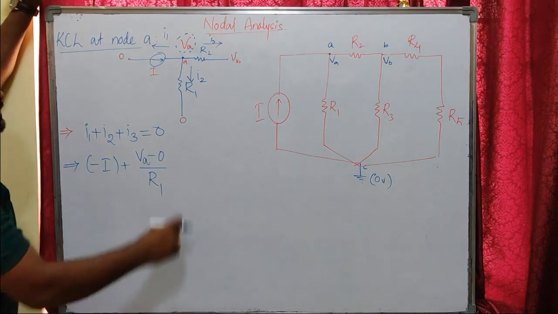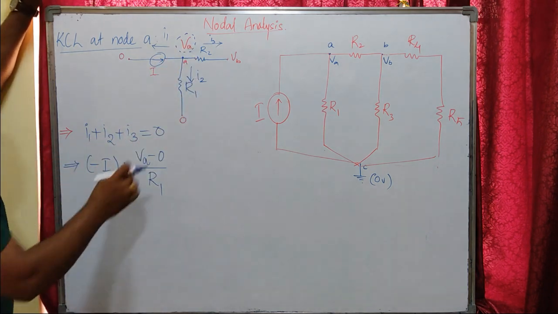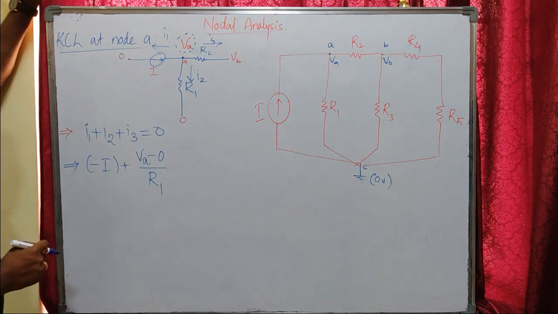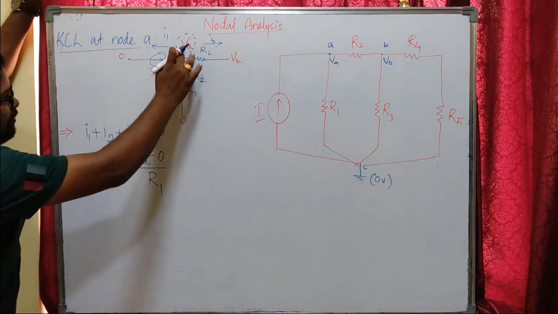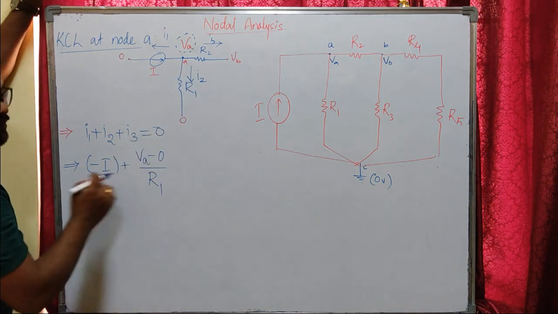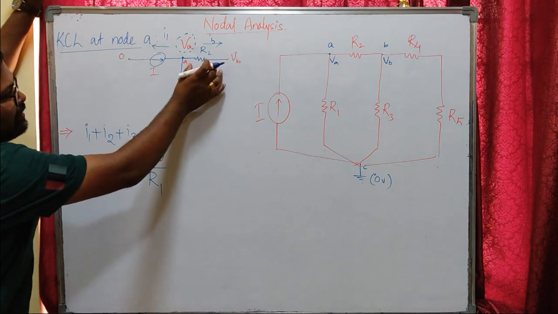Earlier we just wrote VA by R1, but for better understanding we take our reference node also. Similarly, I3 is the current flowing from VA to VB through resistance R2.